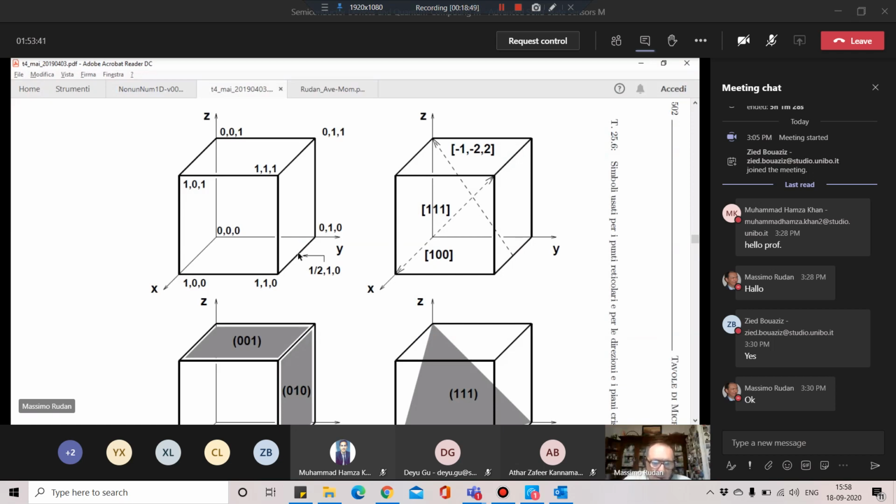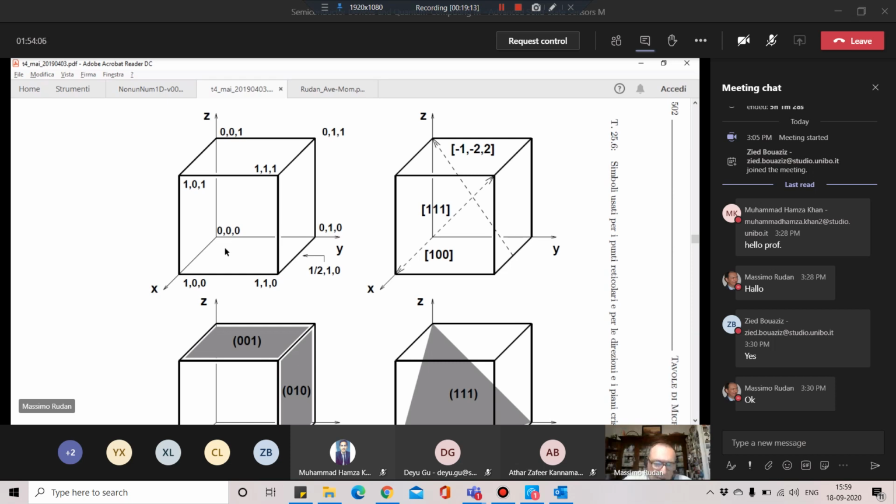Okay, so nodes are indicated with just triplets of numbers that are, of course, integers. Okay, they may be negative if you consider the negative part of the axis.